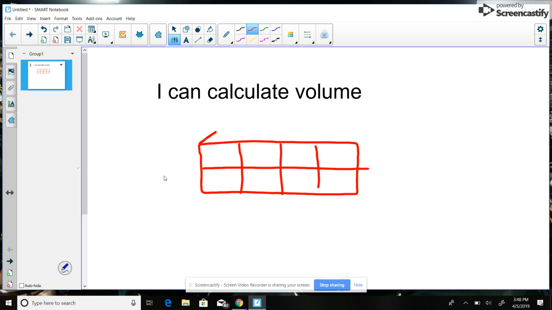Now if I add some depth to that, I go from just having a layer or a row of 8 cubes to now 2 layers of it.